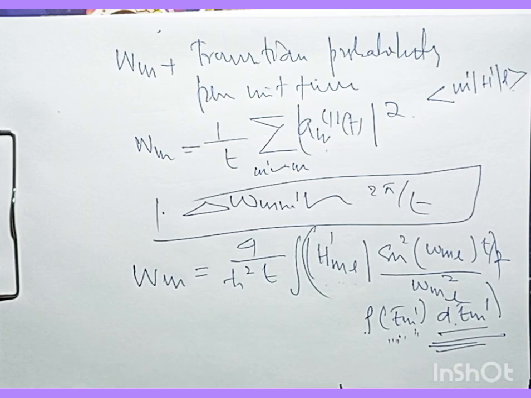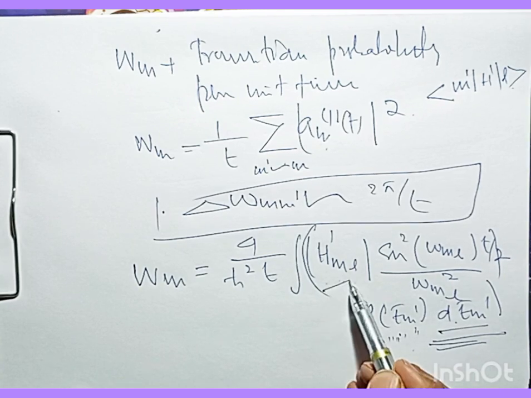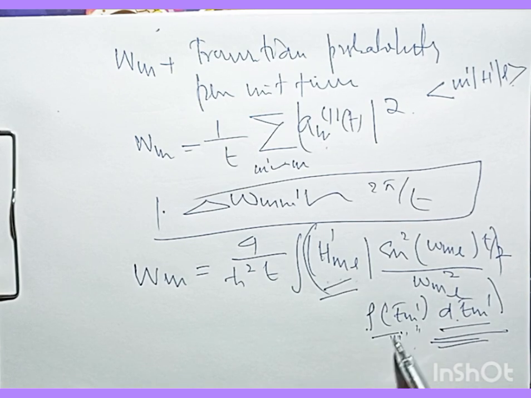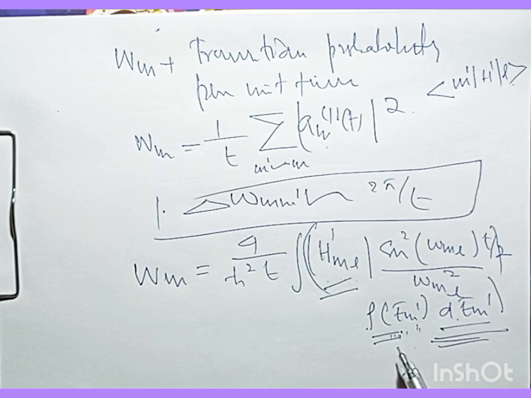The energy range that we are taking into account is extremely small. That's Em dash, and this Em dash is around the Em energy states. And over this range, the matrix element, and the density of final states, will not be varying much.